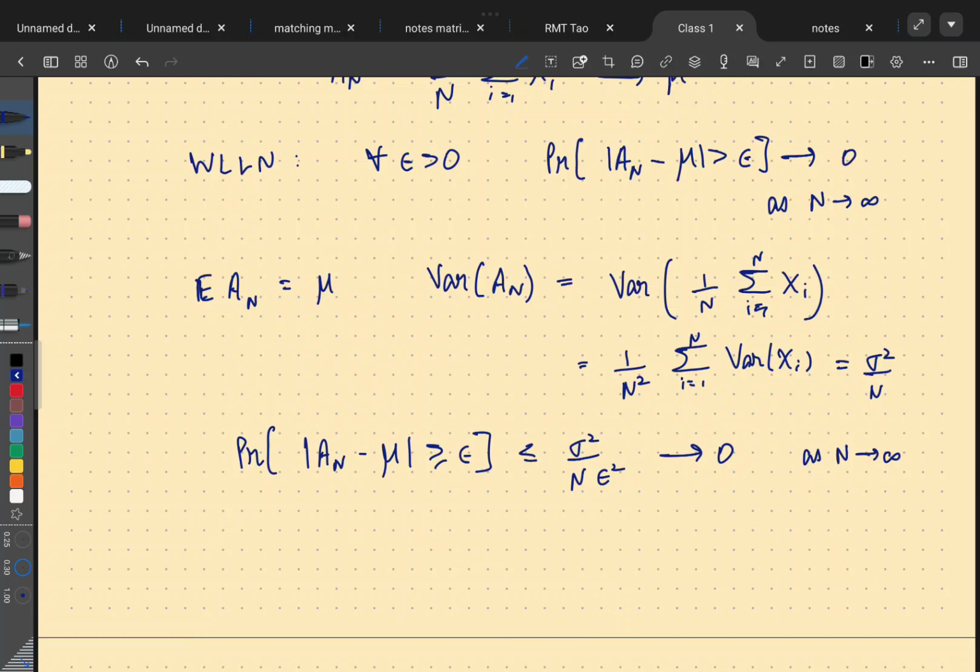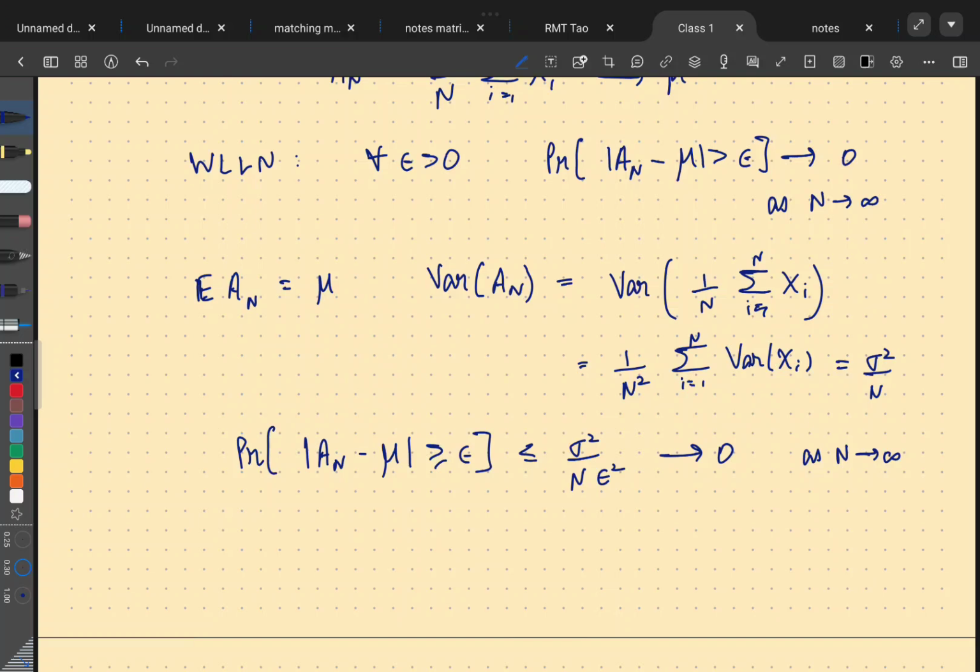Since n will be fixed for a particular series, let's say the number of instances, 1 by n will be like a fixed number, so we can say that this is decreasing to 0 with linear rate. So we fix sigma square and we fix epsilon, and you're letting n grow unbounded.